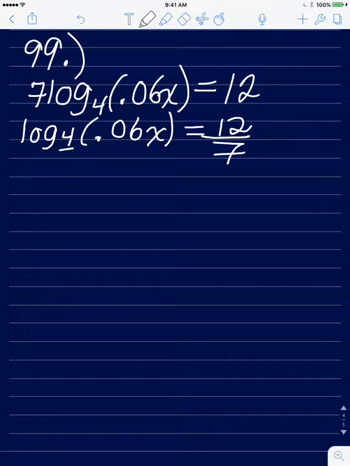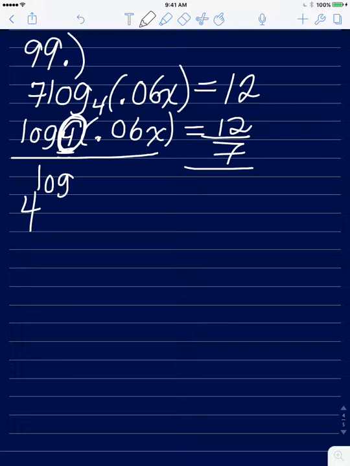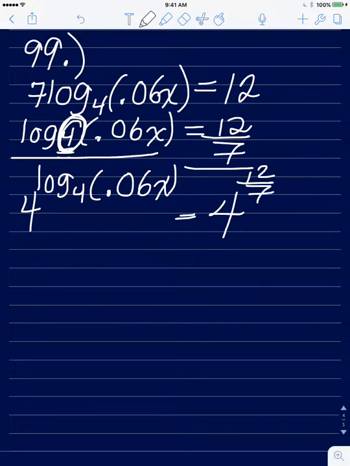And then log base 4 means I'm good. So this is going to be an exponent, and this is going to be an exponent. And what's the base? This number right here determines the base. So here it's 4. So 4 raised to the log base 4 of 0.06x equals 4 raised to the 12 over 7 power.